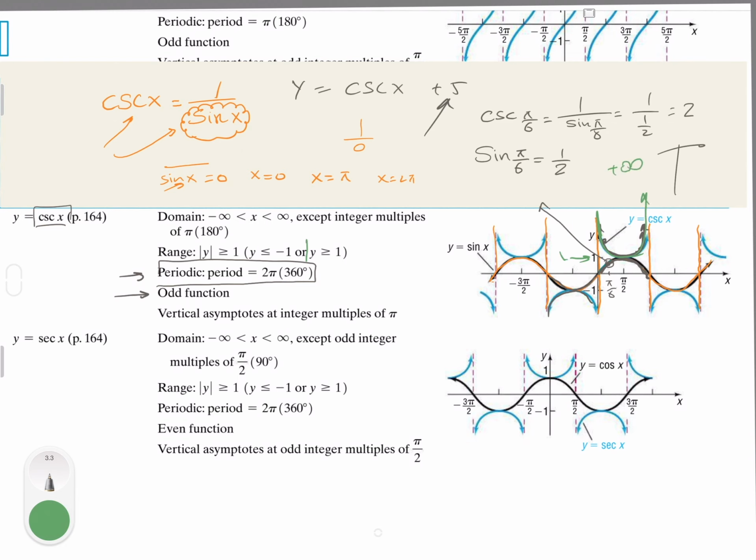That means y is greater than or equal to 1. Also, this side starts from negative 1 and goes to negative infinity, so y is less than or equal to negative 1. So this is the range of cosecant. Or you can say the absolute value of y is greater than or equal to 1.